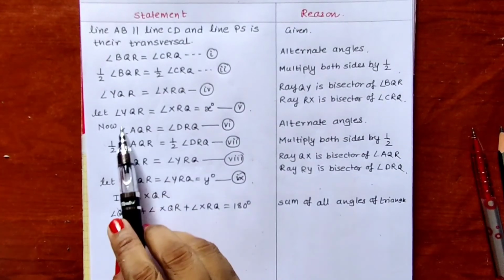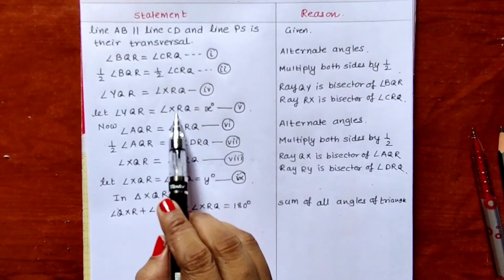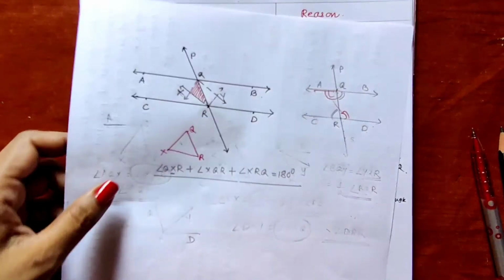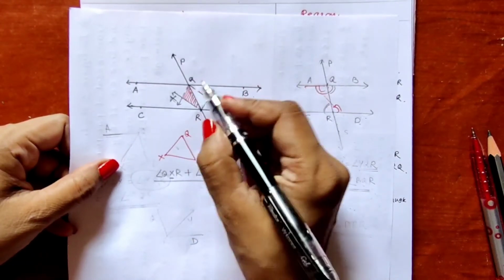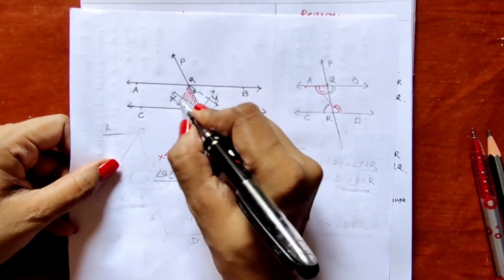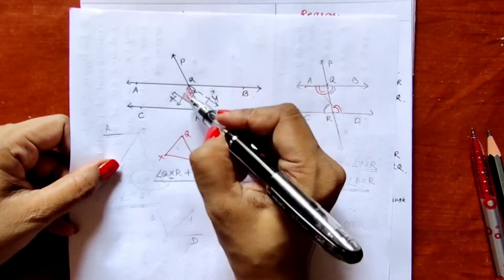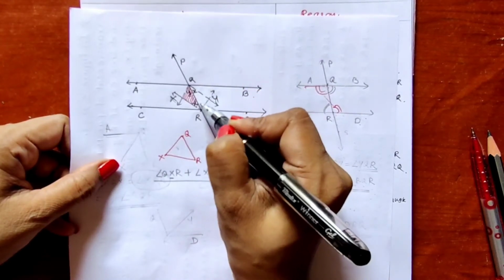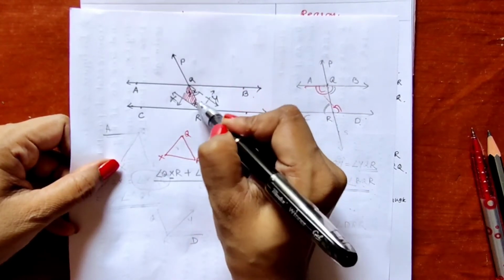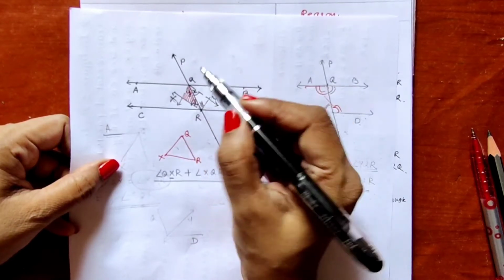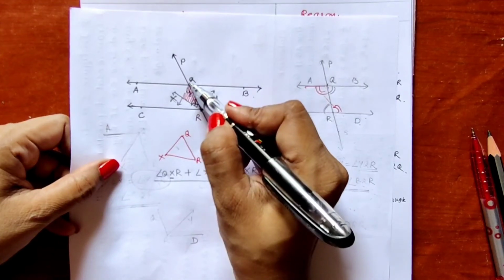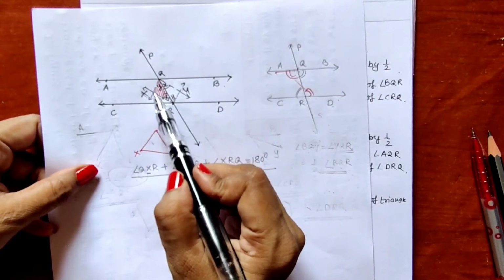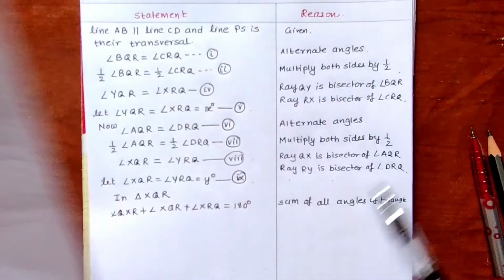Now see children, here we have taken YQR, XRQ is equal to X degree. So YQR, where is YQR? This is YQR. So YQR is X, so XRQ is also X. Then XQR is Y, so YRQ is also Y. So this is X, this is X, this is Y and this is Y. So in place of XRQ I can write X, in place of XQR I can write Y. And this angle we don't have any measurement, so I will be writing this angle as it is.